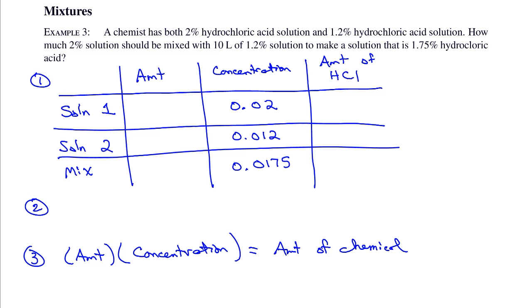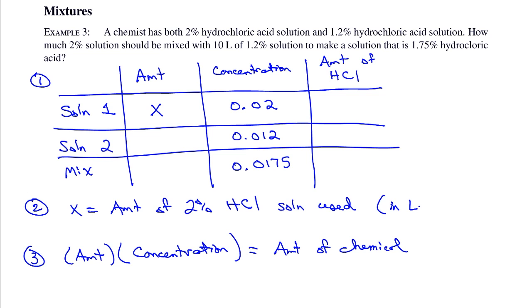So we don't know how much of the 2% solution is used, so I'm going to call that X and declare that here. X is equal to amount of 2% hydrochloric acid solution used. And put this down as the units, liters.